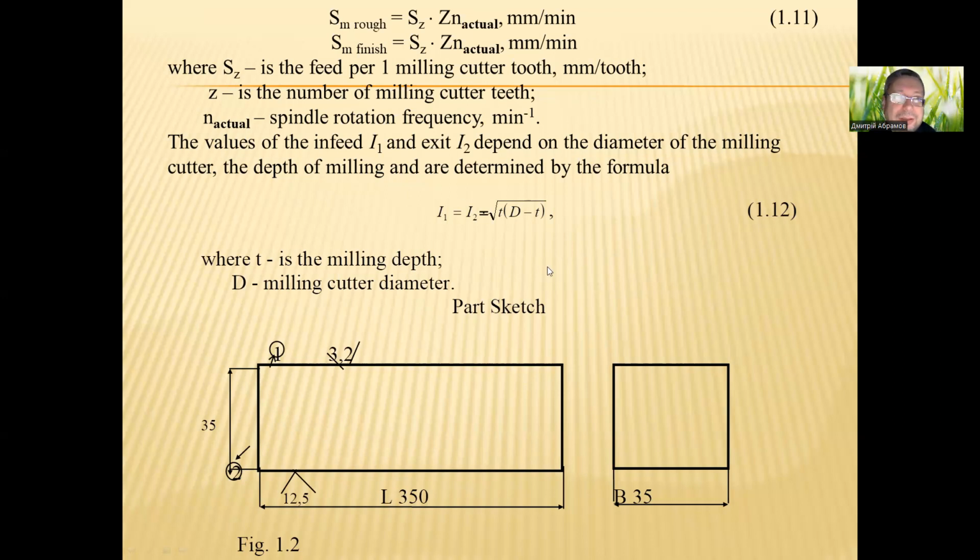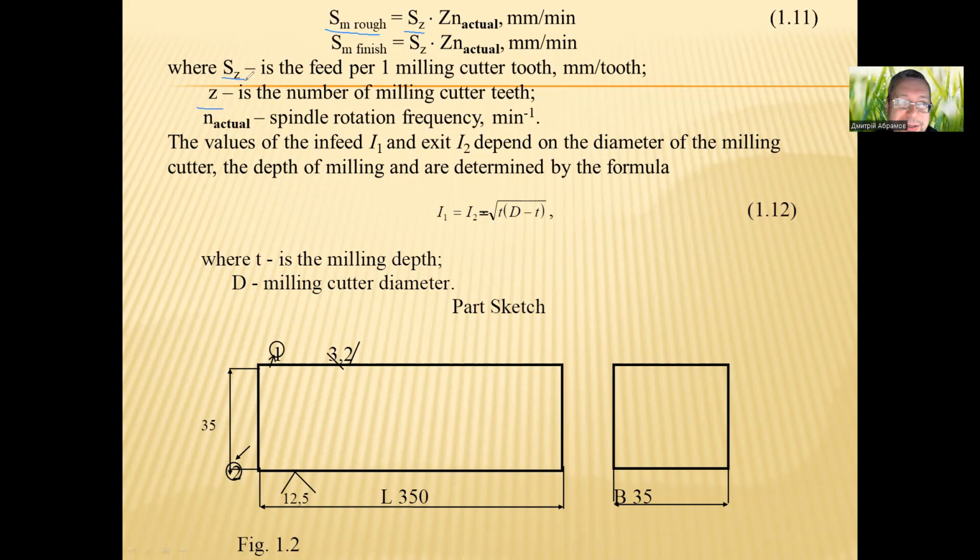Feed s suffix m row will be equal s suffix z multiplied by z multiplied by n actual. Z is the number of milling cutter teeth.